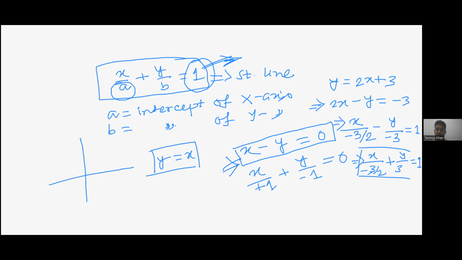That means if you draw one equation, if you draw one plot, it will cut y at 3, so 1, 2, 3, and x at minus 3 by 2. Minus 3 by 2 means minus 1.5. So if it is 1 and if it is 2, it will cut in between this kind of.